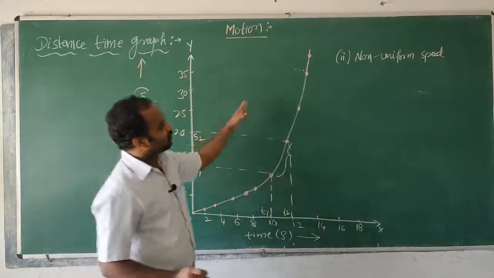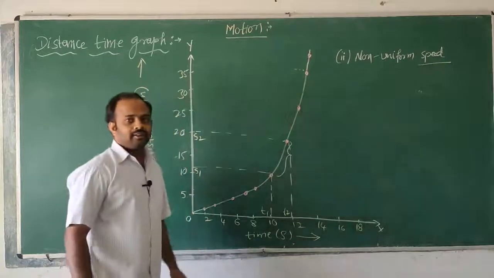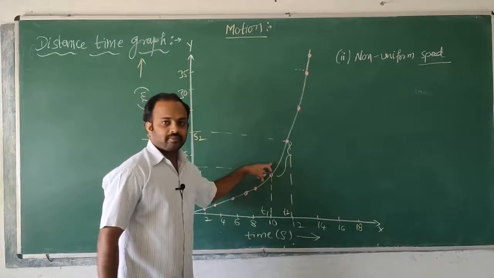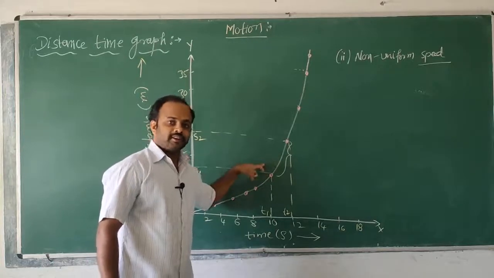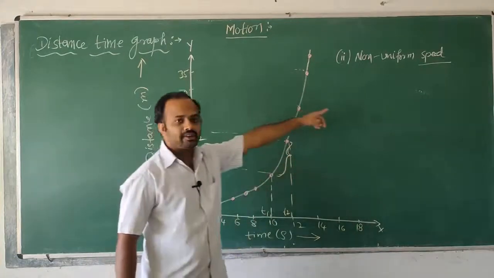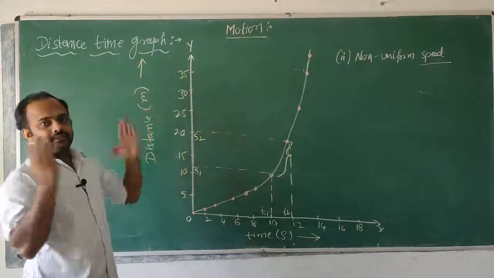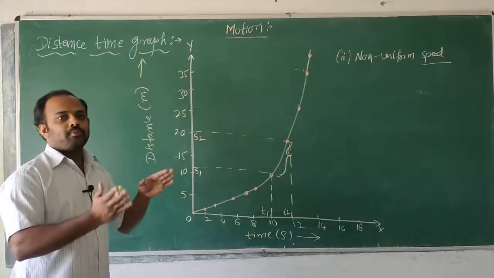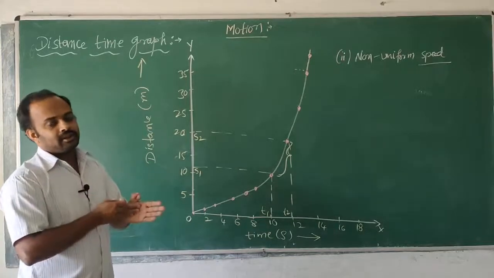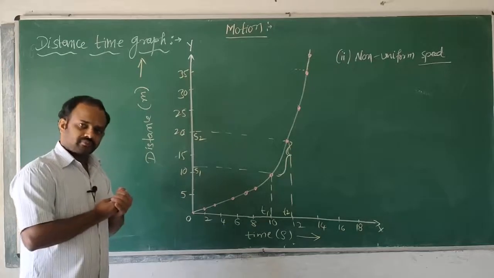Why do we take speed or velocity here? The displacement is different, therefore the speed is also different. In the earlier case we took a straight line, so the minimum distance between two points and the actual path covered were the same, therefore we took velocity.